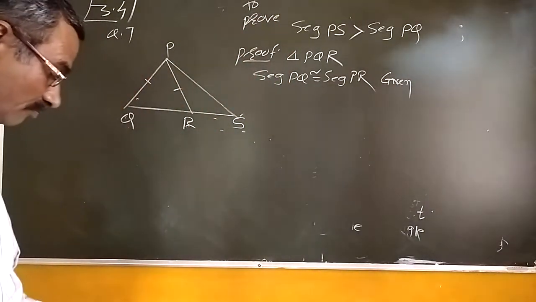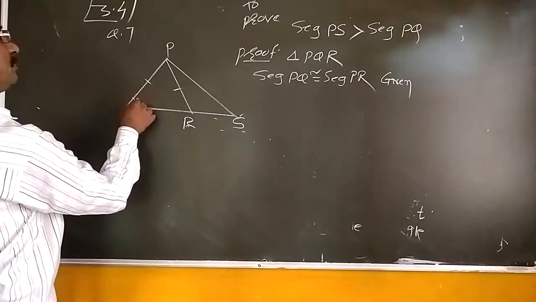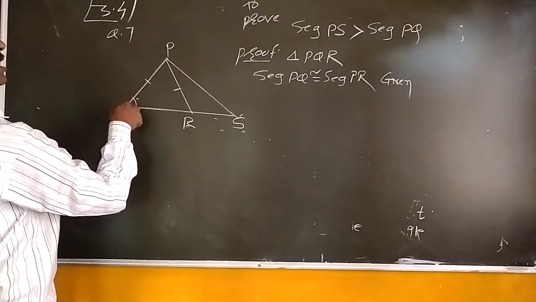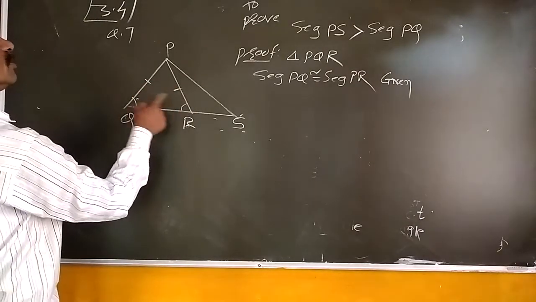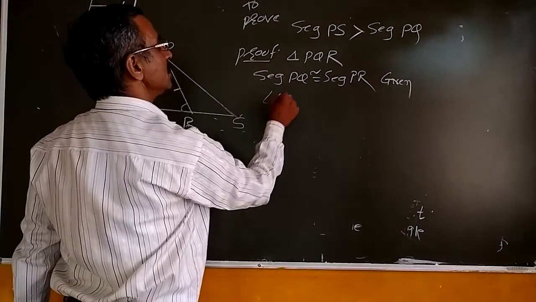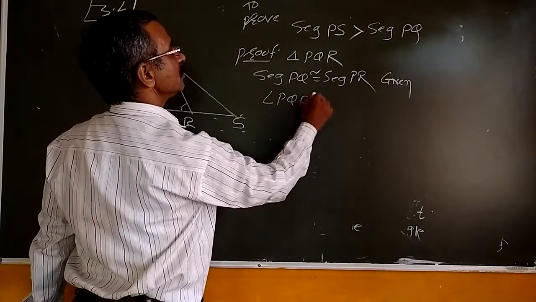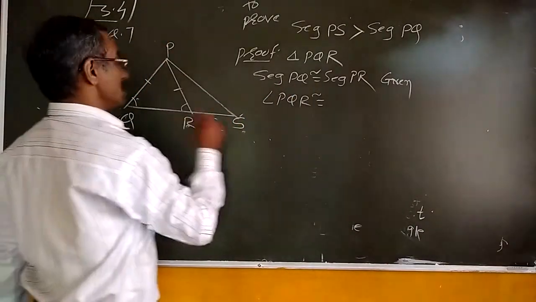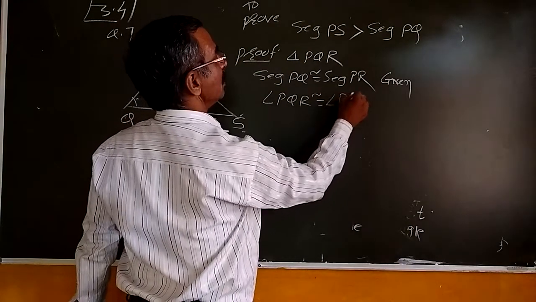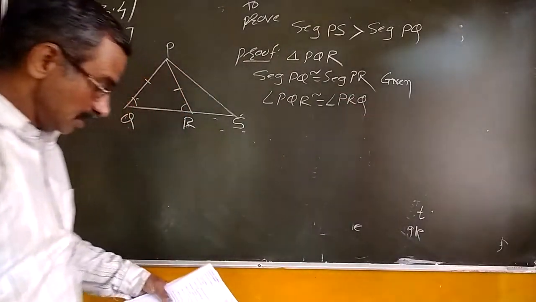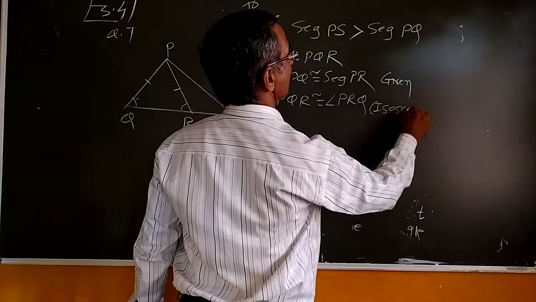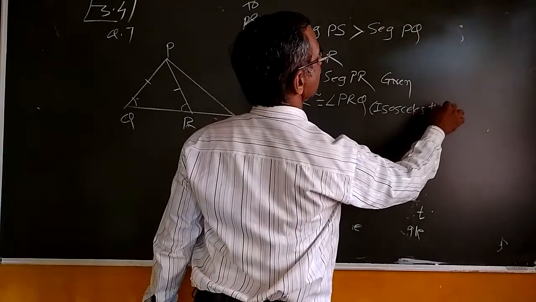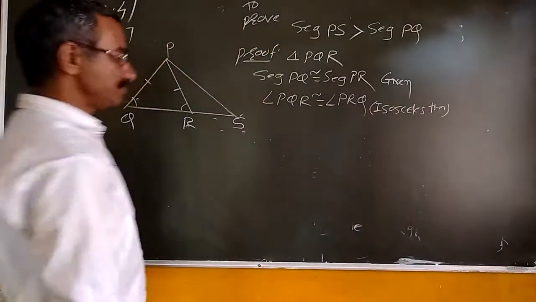Therefore, if the sides are congruent, their opposite angles are also congruent. Means angle PQR is congruent with angle PRQ. This is the isosceles triangle theorem.